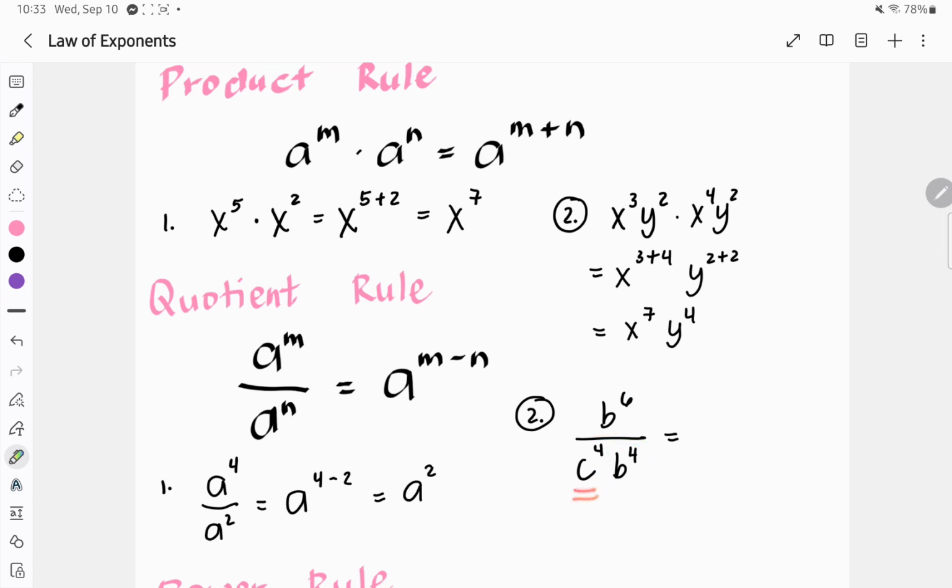This one does not. So we will only combine these. We will have b raised to 6 minus 4. Then over c raised to 4. We won't include anything for c because there is no other c base here. So 6 minus 4 is 2, and we have b raised to 2 over c raised to 4.